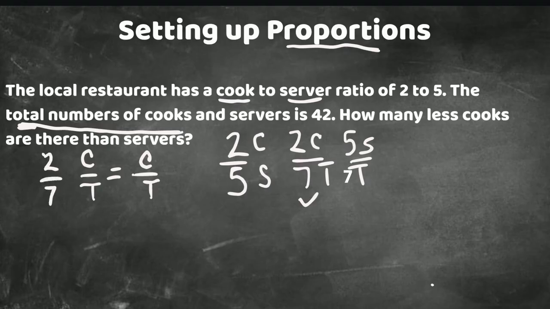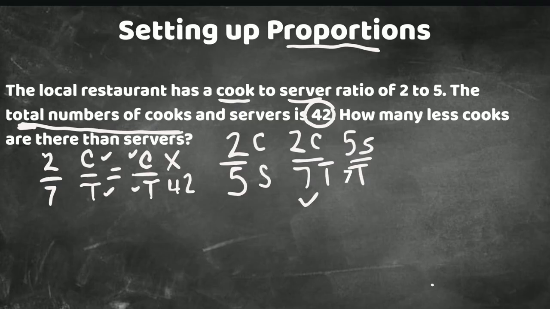And here I'm looking for cooks, and I know it's given me a total of 42. Okay, so there are my 2 ratios set up properly. I have cooks for the numerators, and total as my denominator, so it's set up properly.